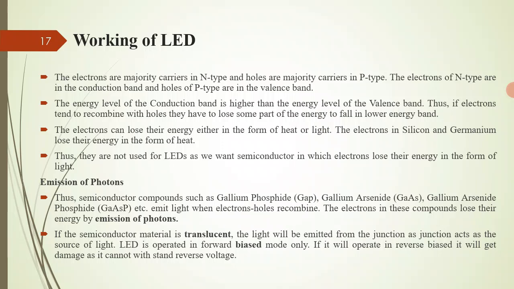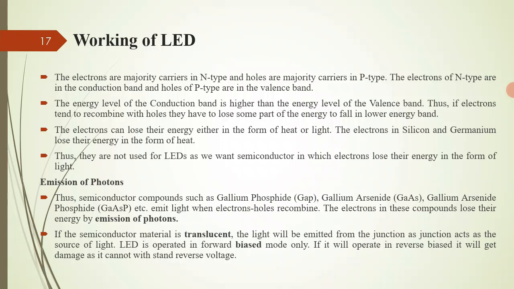The electrons in silicon and germanium lose their energy in the form of heat only, so they are not suitable for LEDs, as we want a semiconductor in which electrons lose their energy in the form of light only.